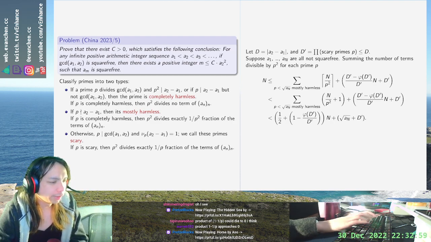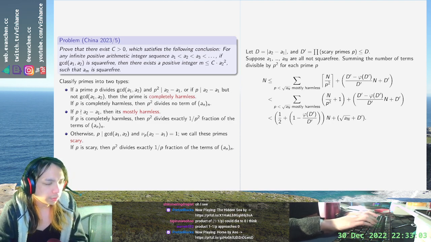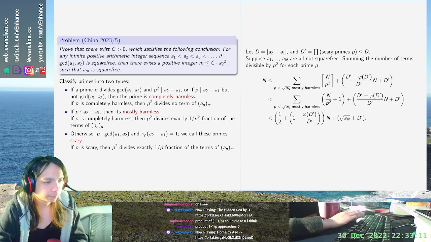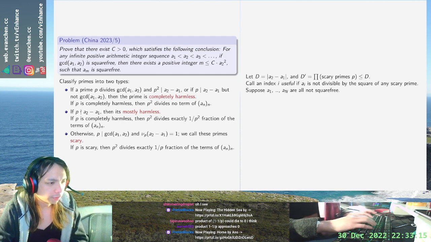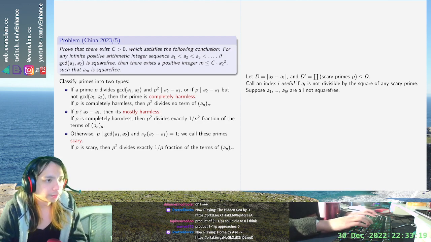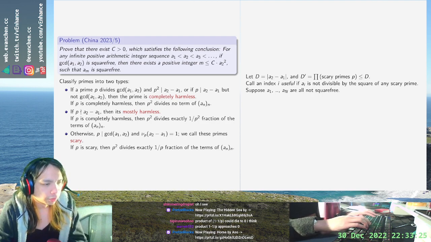So call an index useful if a_i is not divisible by the square of any scary prime. And then claim: among any d prime indices, at least d prime or phi of d prime are useful.